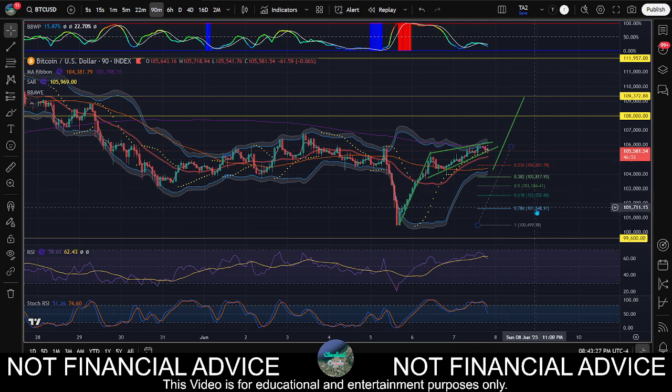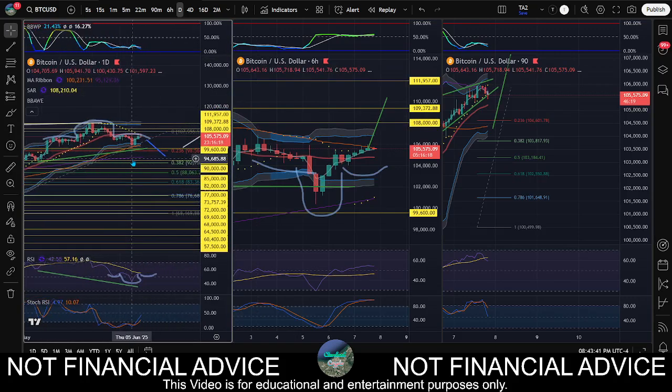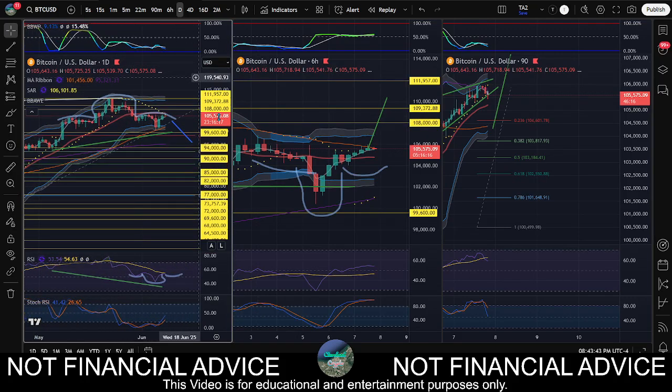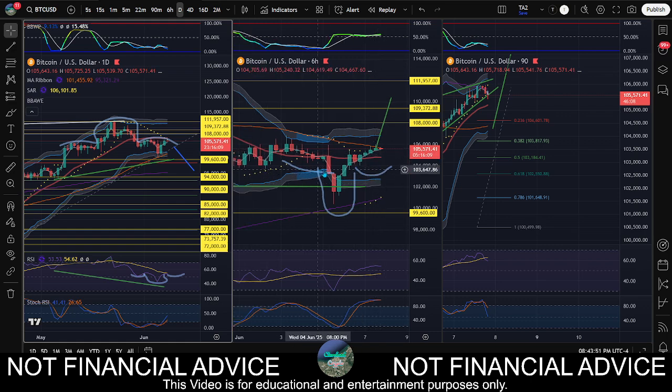As long as we don't break under our 786 and flip it to resistance, our bull flag stays valid. And our chances to invalidate that head and shoulders on the daily remain valid as well. I mean, this inverted head and shoulders, it can come back down a little bit and still be valid.